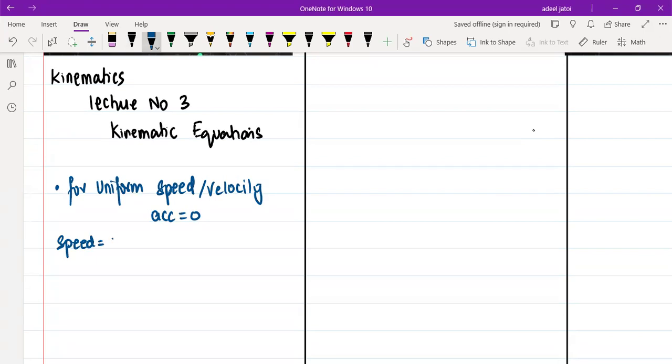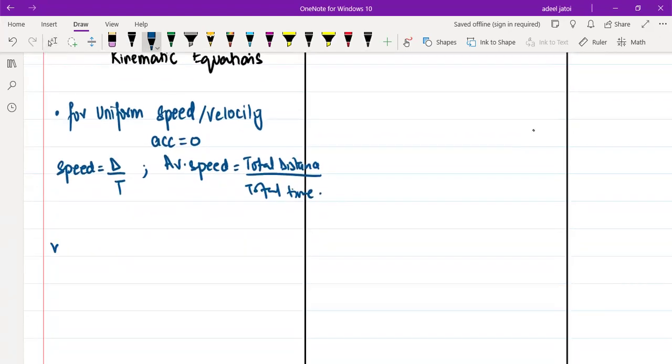Speed is distance upon time. Average speed is total distance upon total time.